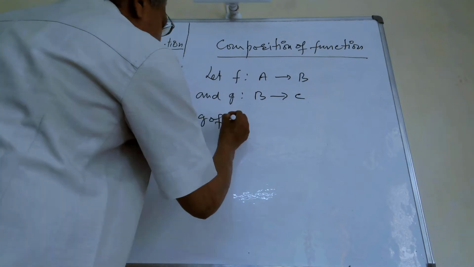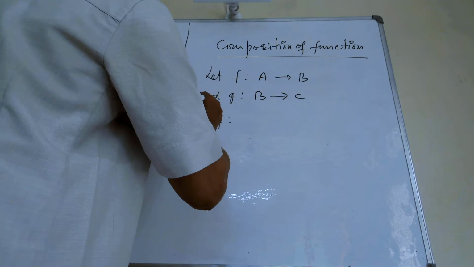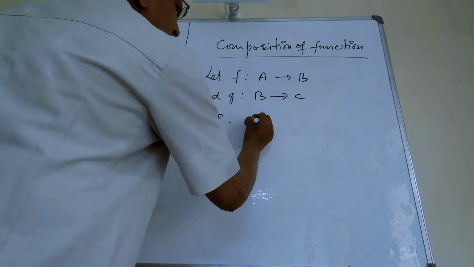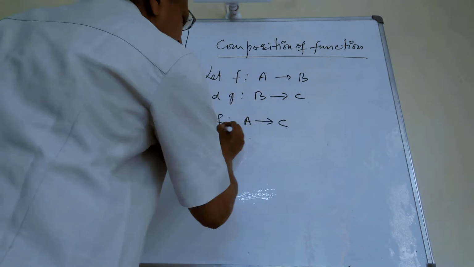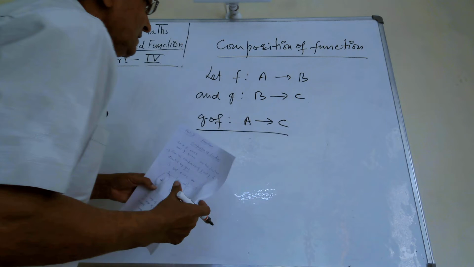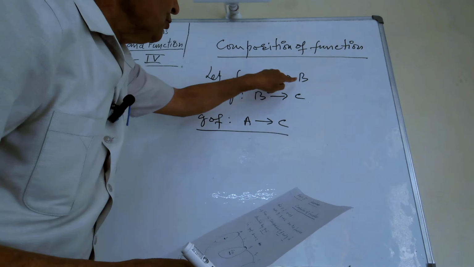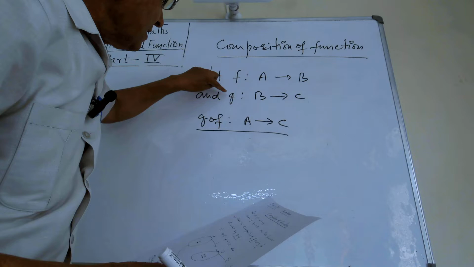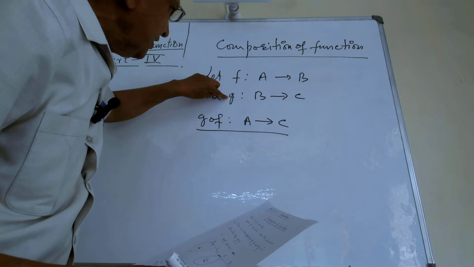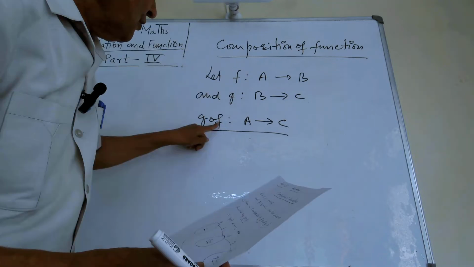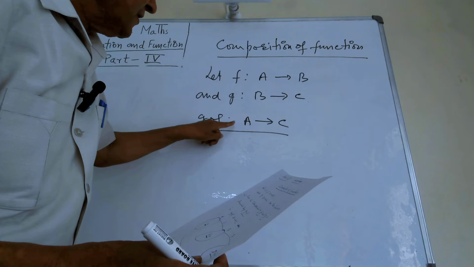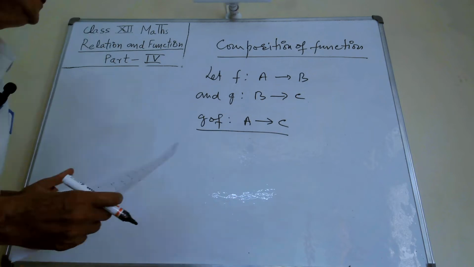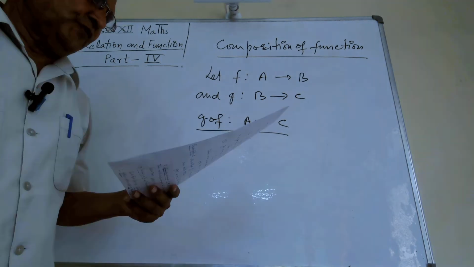gof such that A to C. Here f is A to B, g is B to C, and the composition of f and g is the gof function from A to C. This is the composition of these two functions.